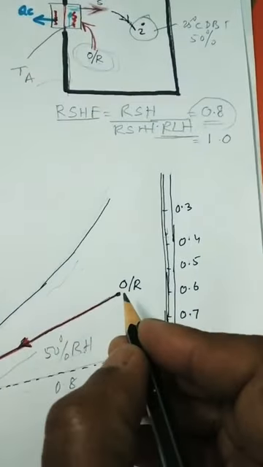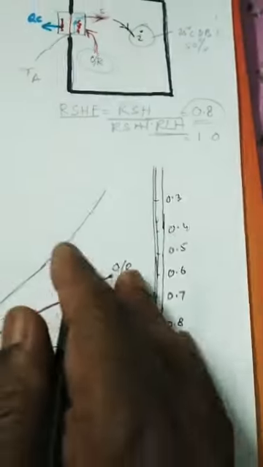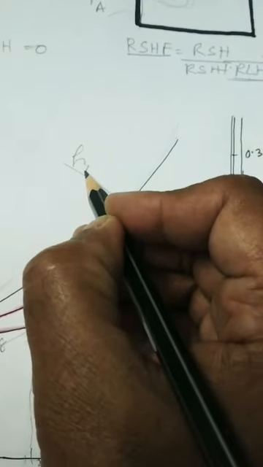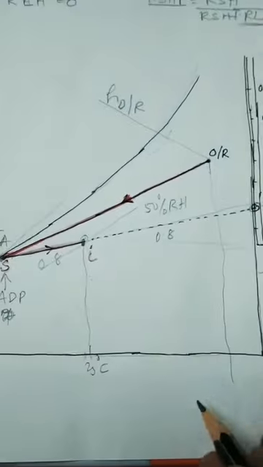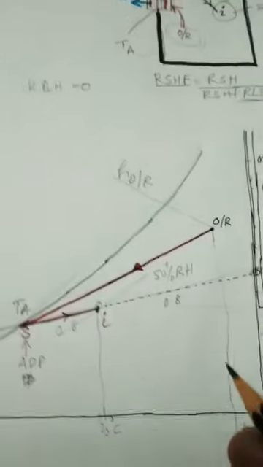Now let this particular value of room condition be at a very high temperature. This is a very high temperature and a very high value of enthalpy. So enthalpy is also very high and the temperature is also very high.